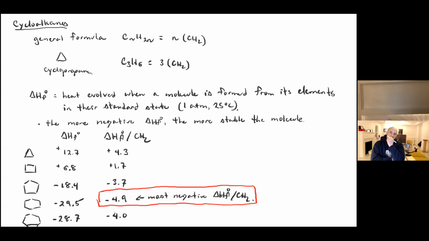So what we're going to do next is look at the heats of formation of straight chain alkanes going from pentane to hexane to heptane, C5, C6, C7.